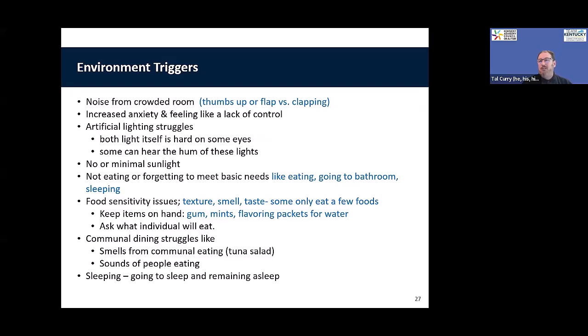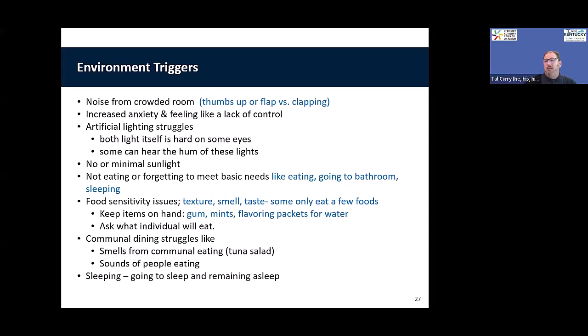Increased anxiety and feeling like a lack of control is what autistics feel in certain environments. Artificial lighting, like I mentioned earlier, lighting in general can be difficult, but the light itself, artificial lighting, can be hard on some folks' eyes. Some can hear the hum of these lights. Many places have no or minimal sunlight.